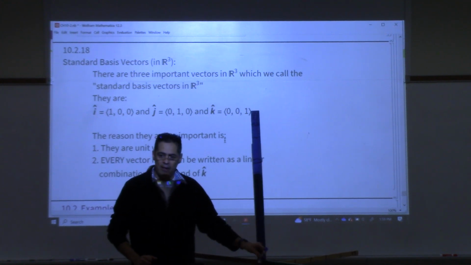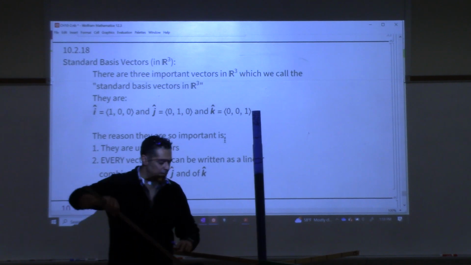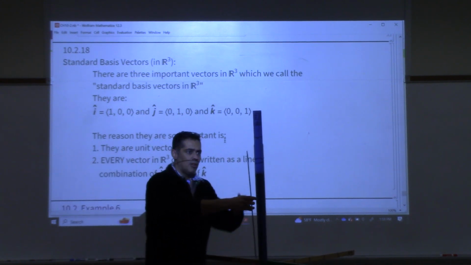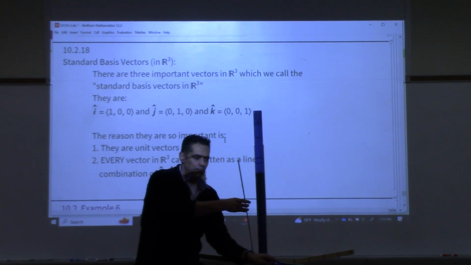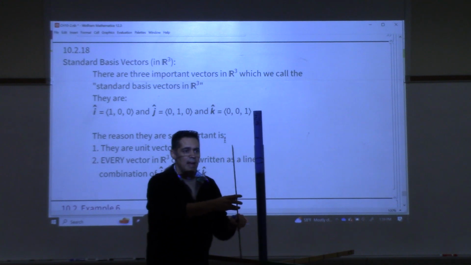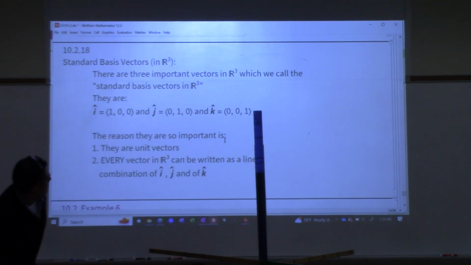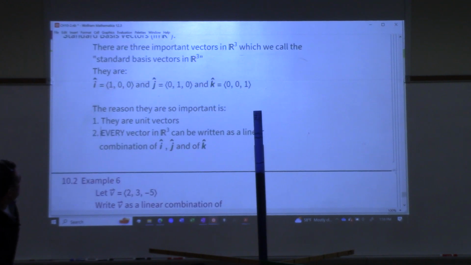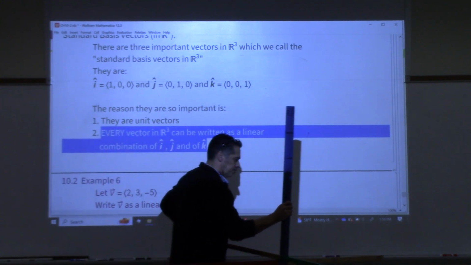So if I have any vector, I can create it by taking multiples of i hat, multiples of j hat, multiples of k hat, adding them together, tip to tail, and I will get to this. That's what this note says: every vector in R3 can be written as a linear combination of those three vectors, i, j, and k.